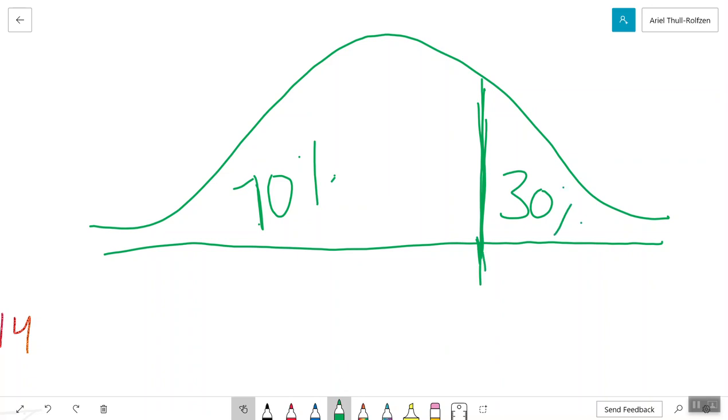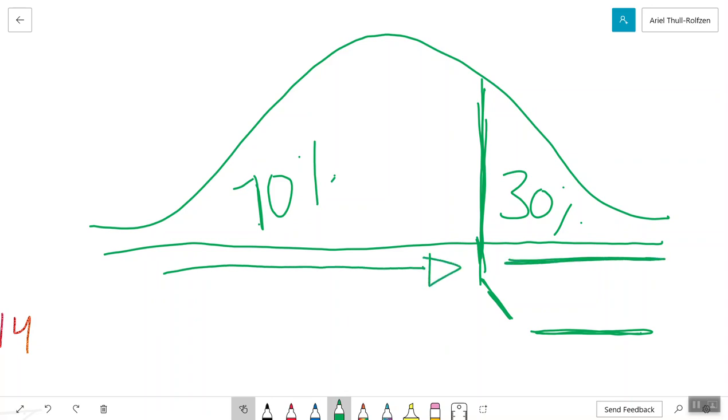But what I was solving for there was the mark that separates the two. So I want to know how far this way I can go before I'm in the upper 30th percentile. And I want to know how far this way I can go before I'm in the lower 70th percentile.